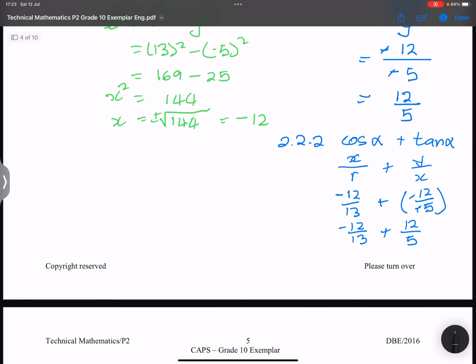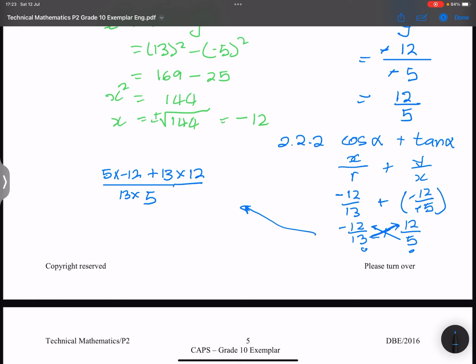Okay, so we can add those fractions up. I'm a bit out of space, so I'm just going to write it over there. What's my LCD? That's 13 times 5. My numerator: 5 times negative 12, plus 13 times 12.